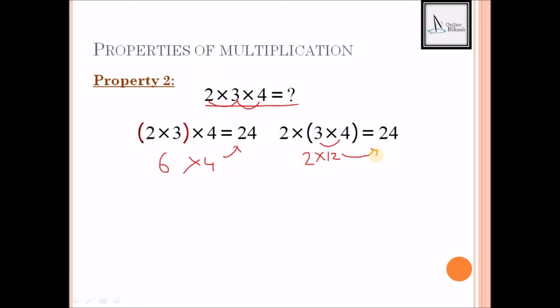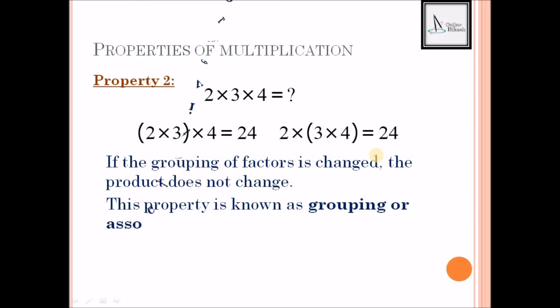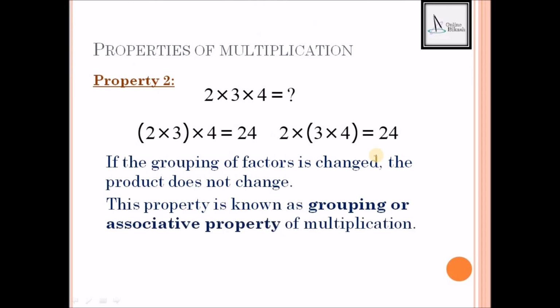First we grouped 2 and 3 together, and in the second case we grouped 3 and 4 together, but it does not change our product. That means the product remains the same, though our grouping has been changed. So if the grouping of factors is changed, the product does not change, and this is called the grouping property or associative property of multiplication.